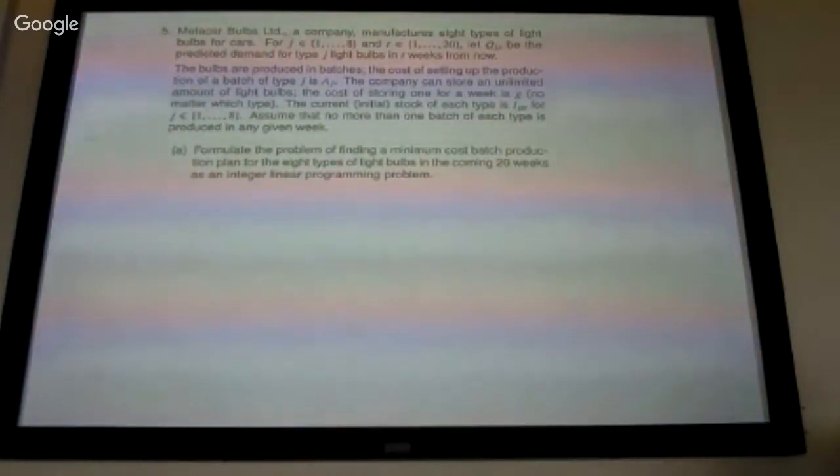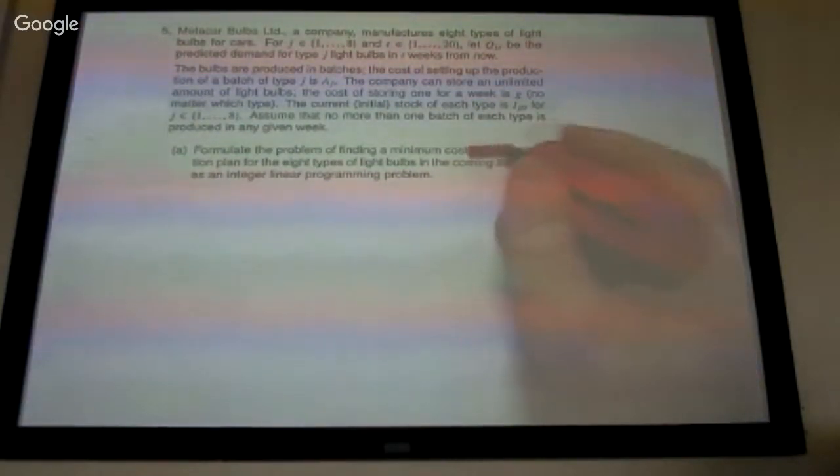Batch planning, where the setting up of batches is an integer variable, 0, 1. So this is what it says here.